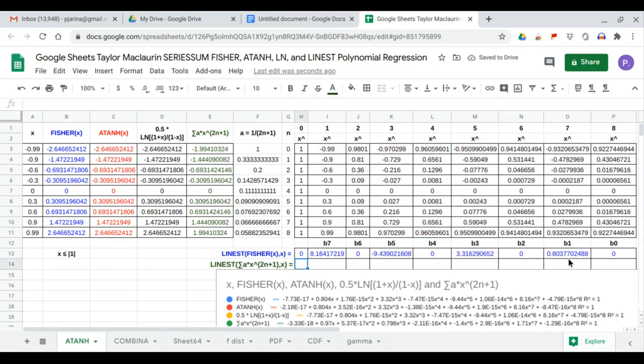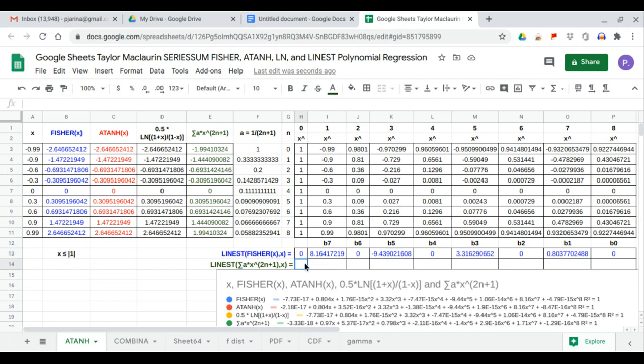So our B0 is 0, that's because 7.73 times 10 to the minus 17 is 0. So B1, 0.804, B3, 3.316, rounded was 3.32, our B5, negative 9.44, which is negative 9.43, and our B7, 8.16 is a match.